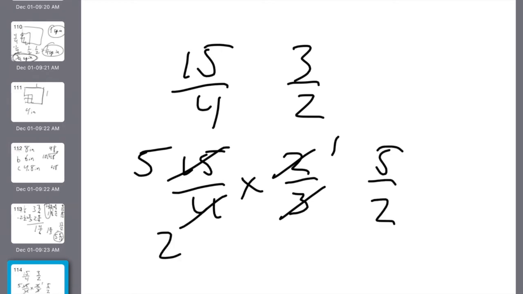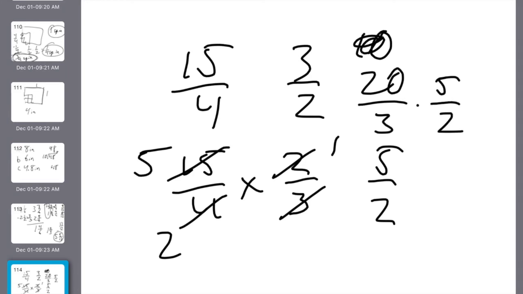Now, guys, I'm not going to switch it back to a mixed number because I have to leave it when I multiply. So now I go back to the first one. 6 times 3 is 18, plus 2 is 20. 20 over 3 times my 5 over 2. Okay, 2 goes into 20 10 times.